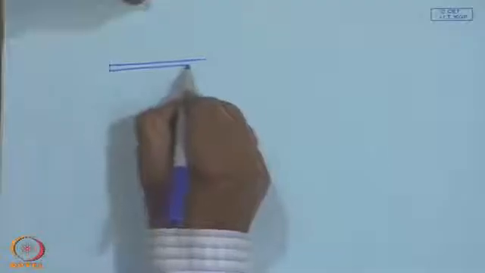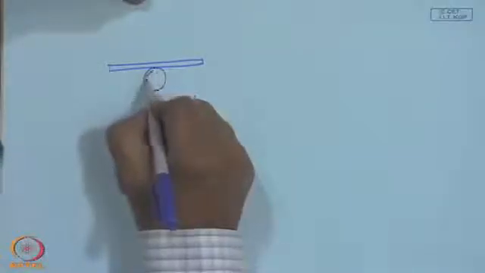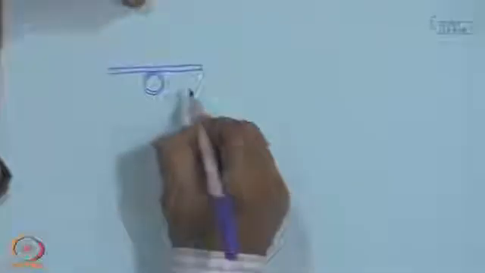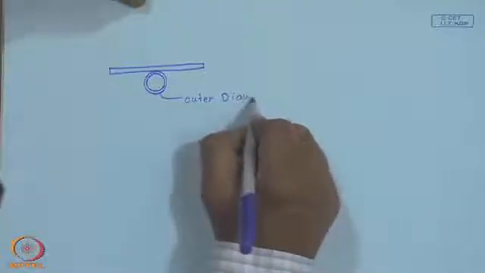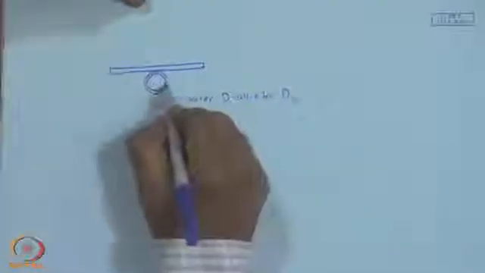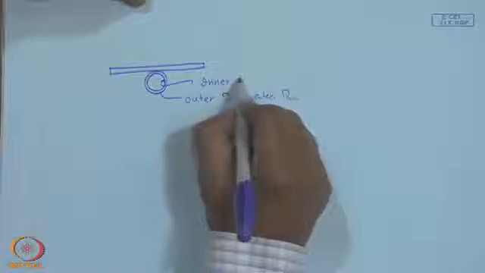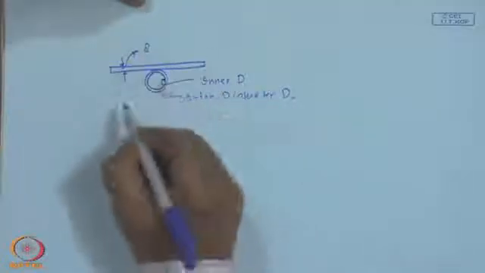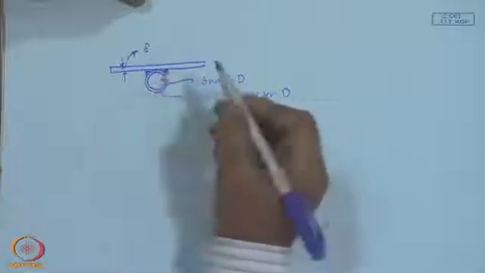If I take an exaggerated view, this is an inner diameter, some D naught and inner D, let the thickness of the sheet be delta, and this tube is joined with a solder or some bond.